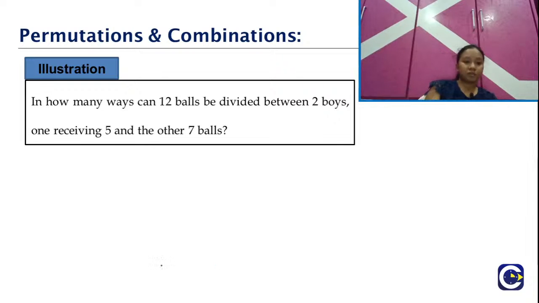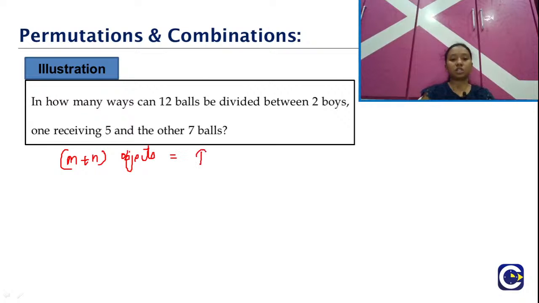In our concept, we are having m plus n objects. So these m plus n objects are nothing but total objects, right?